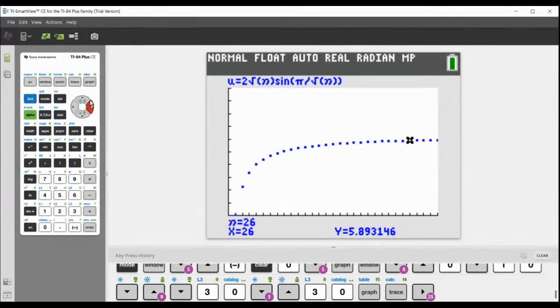I'm looking at these values. I go out to the 26th, 27th, 28th terms of the sequence. The values are not settling down. They're slowing down, but I'm getting 5.877, 5.89, 5.9. The values aren't settling down enough for me.